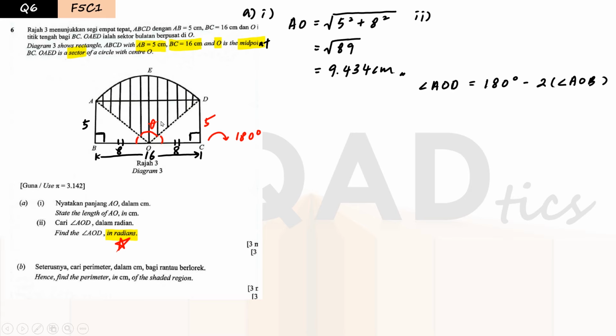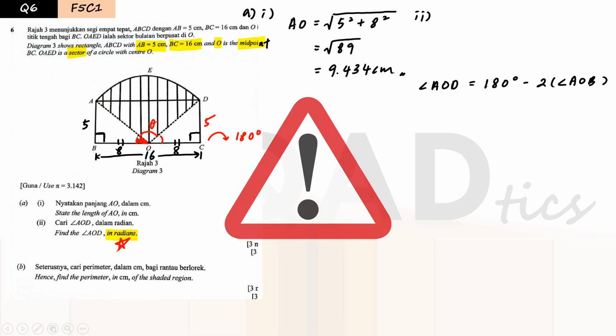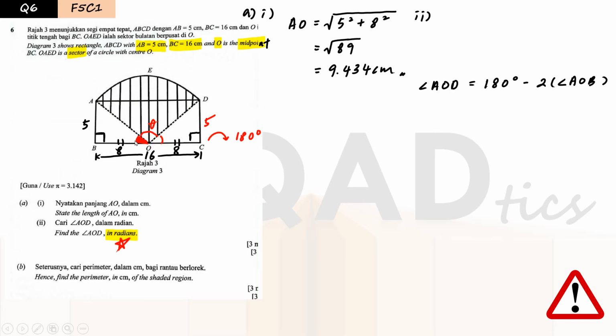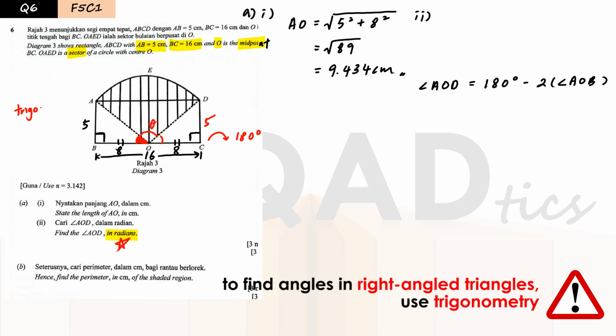Alright, so now if you want to find out AOD, we need to figure out AOB first, which is here. So how do we find out this angle? So since this is a right angle triangle, to find out the angle, we actually can use the trigonometry way, right? Which is the sine, cos, and tan.